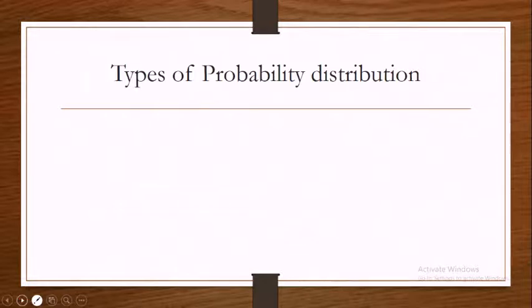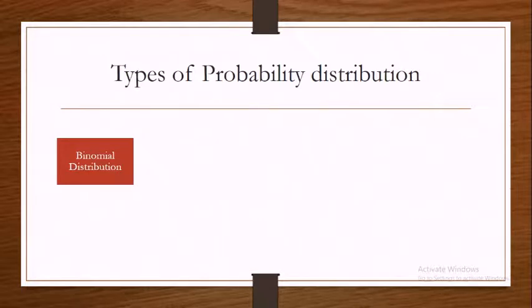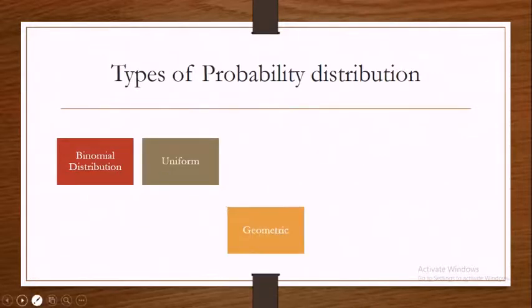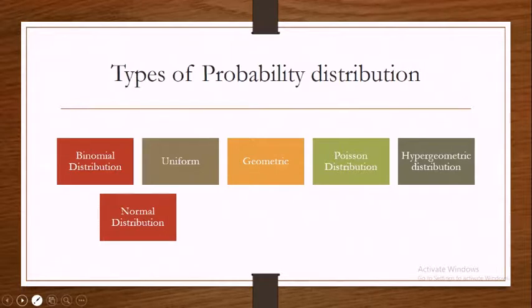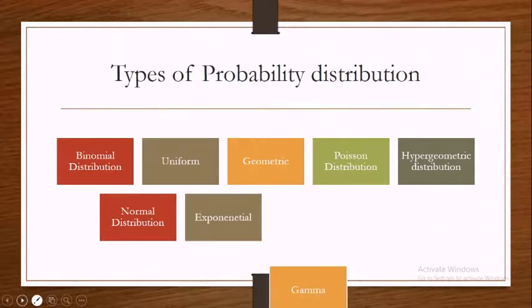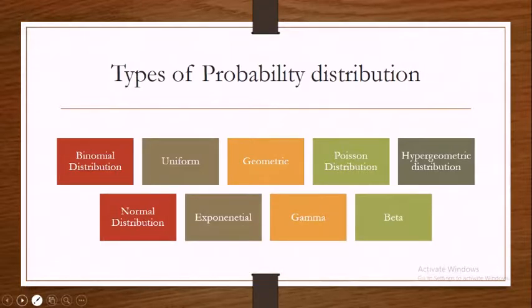Before that, I would like to say that there are different types of probability distribution. Some of them you will be studying in this semester, so I will just give their names: binomial distribution, uniform distribution, geometric distribution, Poisson distribution, hypergeometric distribution, normal distribution, exponential, gamma, and beta distribution.